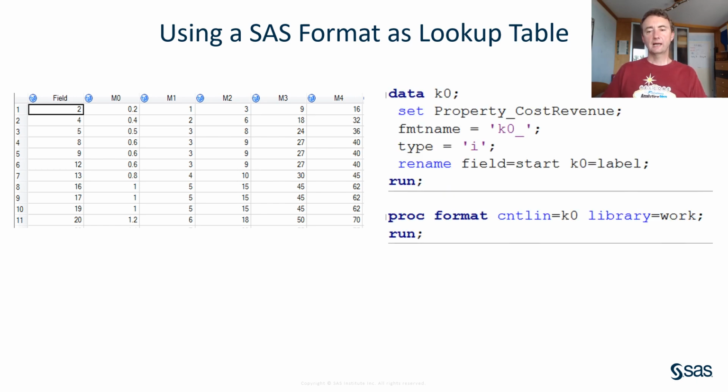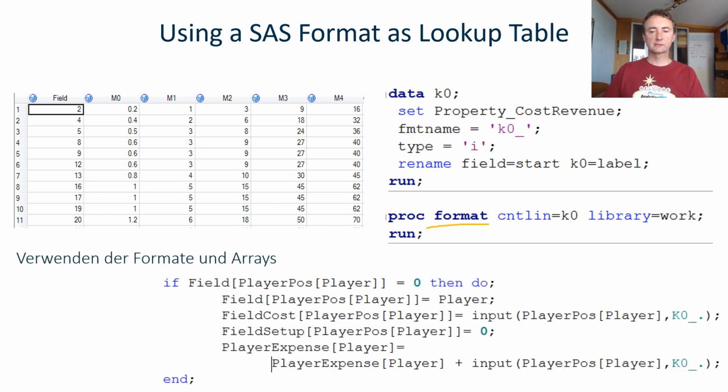So I used a proc format to store this information as lookup tables, which is then very easy to use in calculations, where you say, I would like to use now the cost of a certain field where the player is currently sitting. So I'm using the format and the arrays in one statement, which is a very powerful way to generate the SAS code.